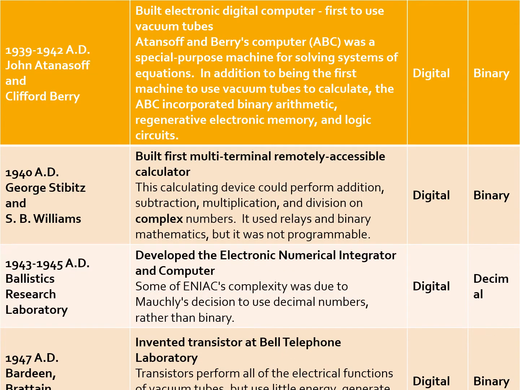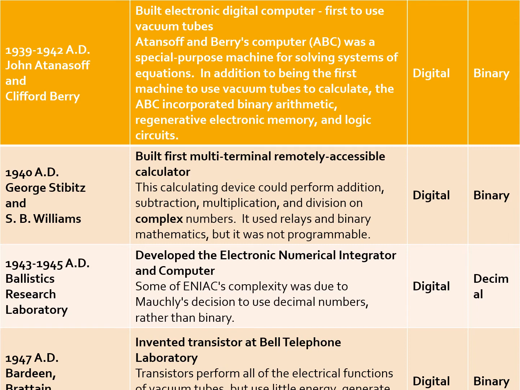And then we start getting into the more modern age. You'll notice a lot of these things happened during World War II. A lot of them were done in response to trying to do a lot of calculations very quickly.